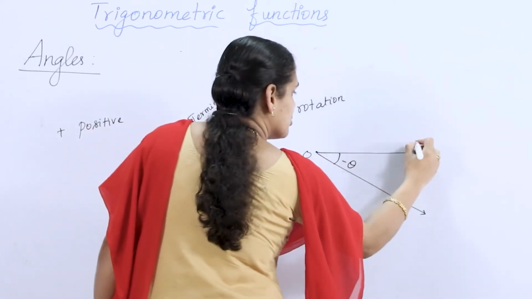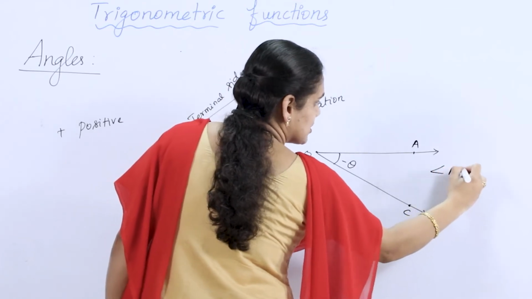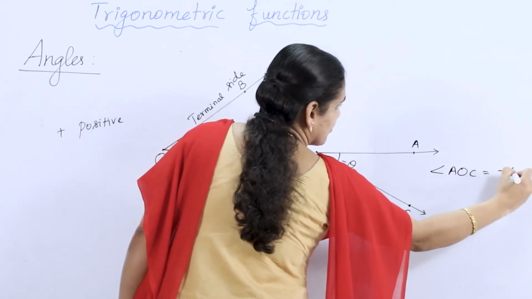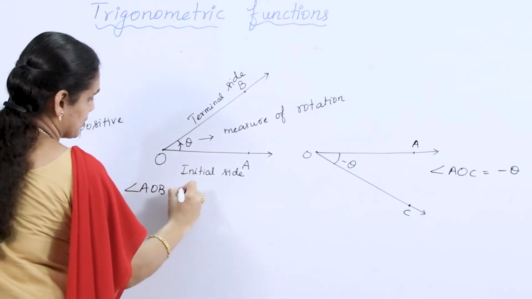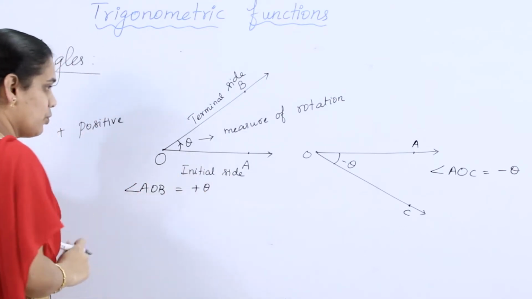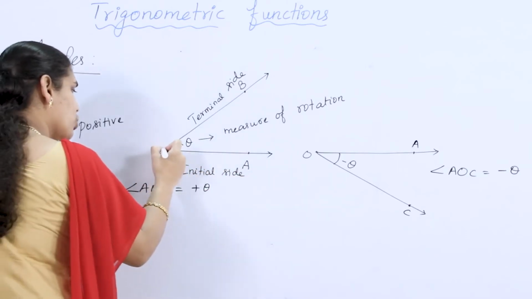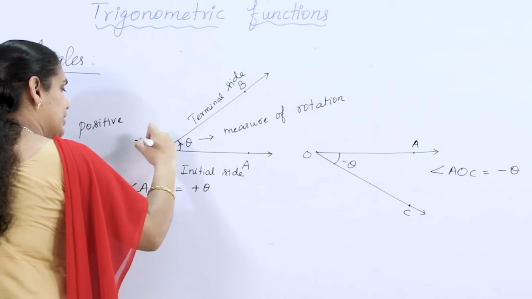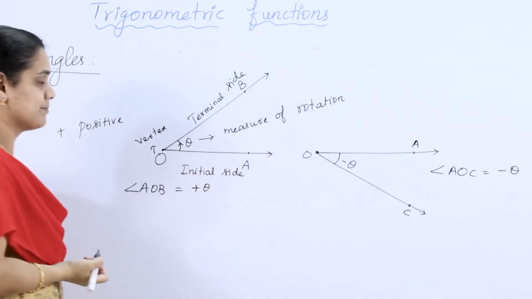So we can write this one as A, this is C. So angle AOC will be negative. And here angle AOB will be positive theta. It changes only in the direction, not in the magnitude. And this point O is called the vertex, the fixed point.